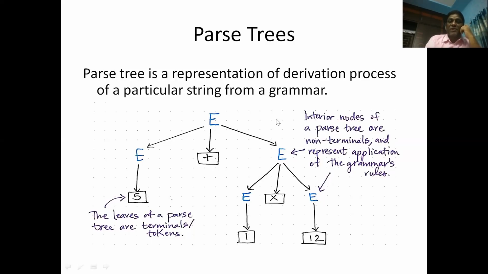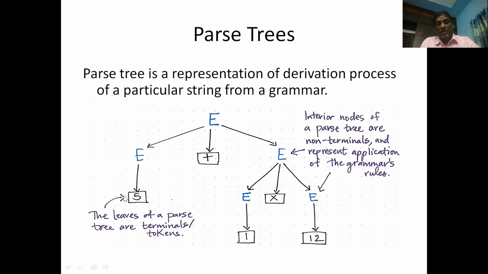If you observe this parse tree carefully, all the intermediate nodes are variables, whereas the terminals, these are leaves. The leaves are terminals. And what is the string represented by this parse tree? Read from left to right, all the terminals, all the leaves.